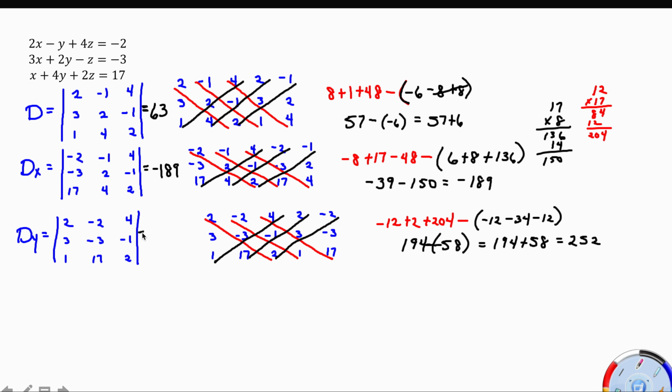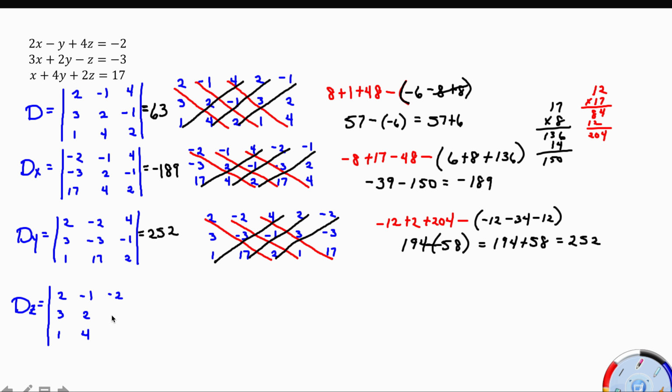Okay, so this is 252. And then I'm going to do the same thing with my z's. I'm going to replace my z coefficients with the answers. So 2, 3, 1, negative 1, 2, 4.